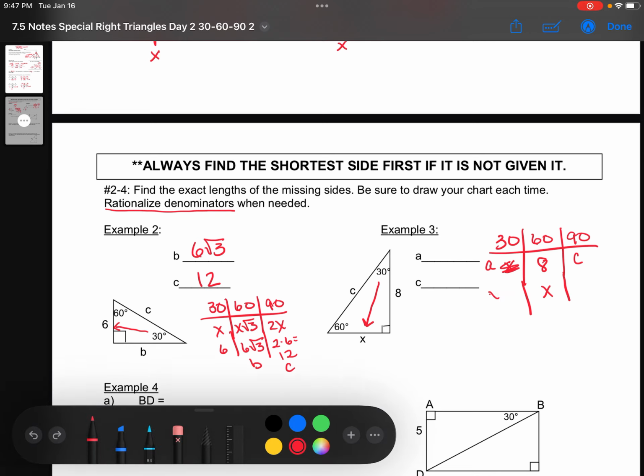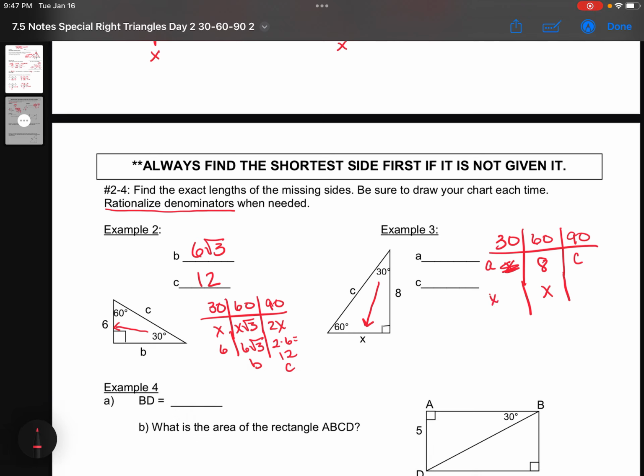I totally lost my train of thought. Okay. X times the square root of 3 over 3. And this one is 2x square root of 3 over 3.